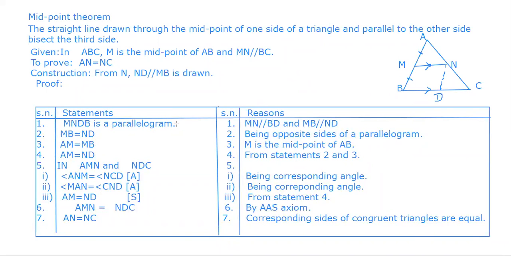MNDB is a parallelogram because MB and ND are parallel, MN and BD are parallel. After proving parallel, we can write these two lines are equal, so AM and ND are also equal.